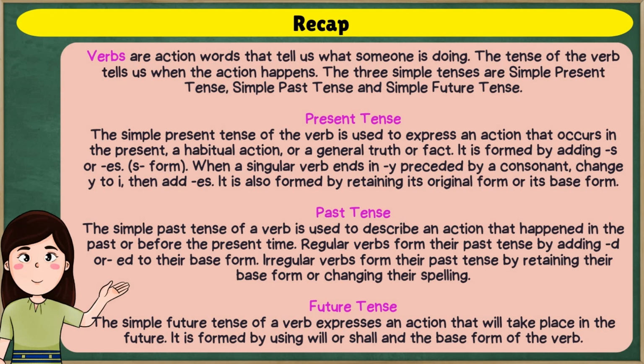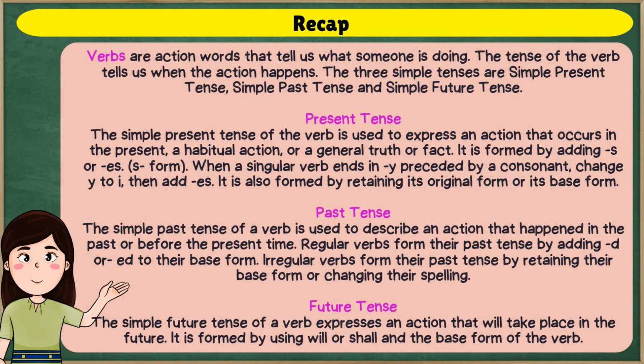The simple present tense of the verb is used to express an action that occurs in the present, a habitual action, or a general truth or fact. It is formed by adding s or es. When a singular verb ends in y preceded by a consonant, change y to i, then add es. It is also formed by retaining its original form or its base form.